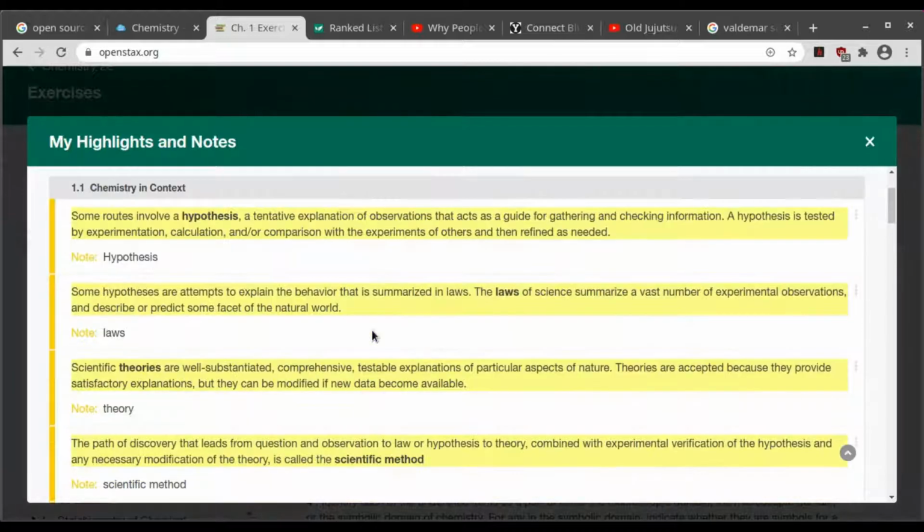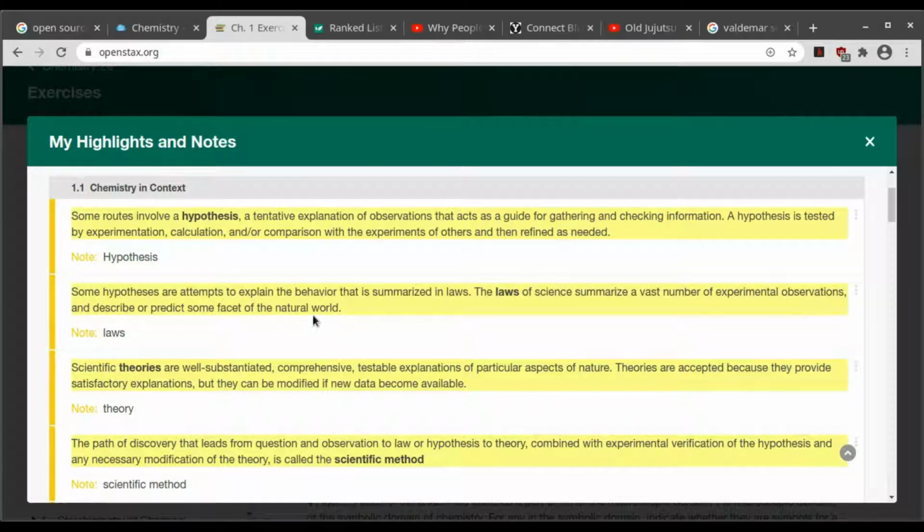So laws of science summarize a vast number of experimental observations and describe or predict some facet of the natural world. And so we're predicting something here. This seems like the closest one. Scientific theories are well-established, well-substantiated, comprehensive, testable explanations of a particular aspect of nature.